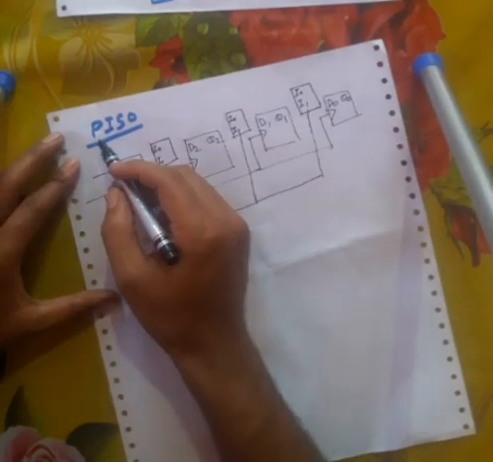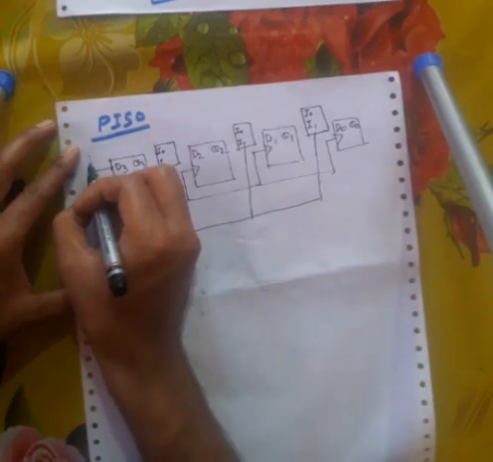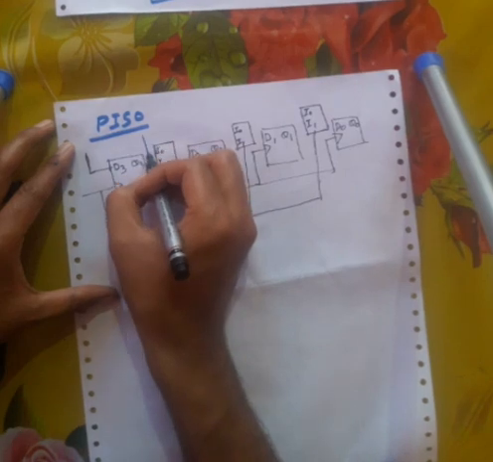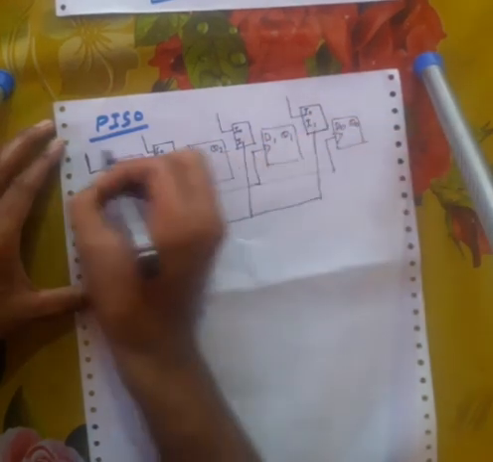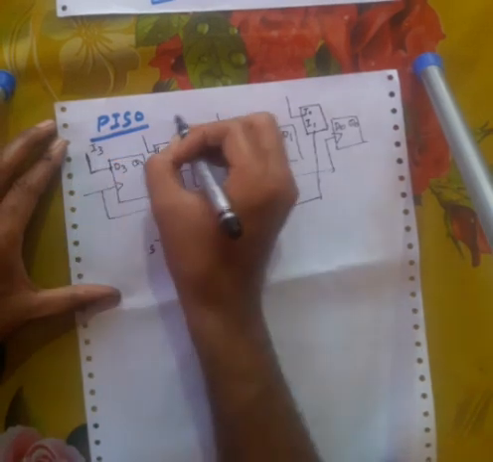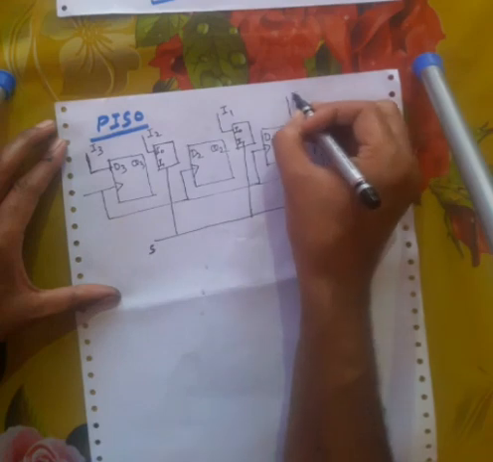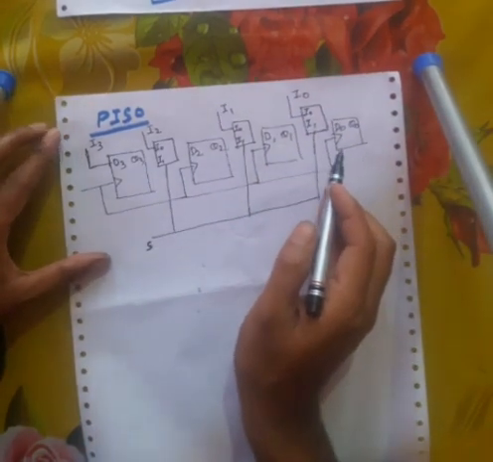Now you have to give parallel input. So for parallel input we will give input here. Yes, this is your parallel input, I3, I2, I1 and I0. But again, output you will get after 4 clock pulses.